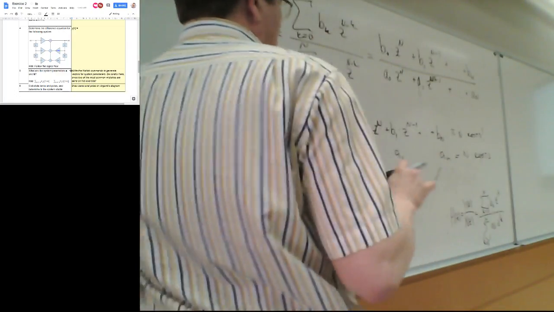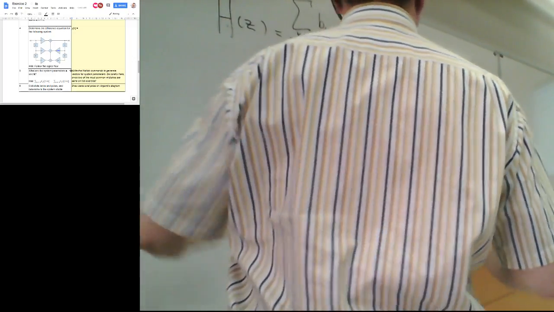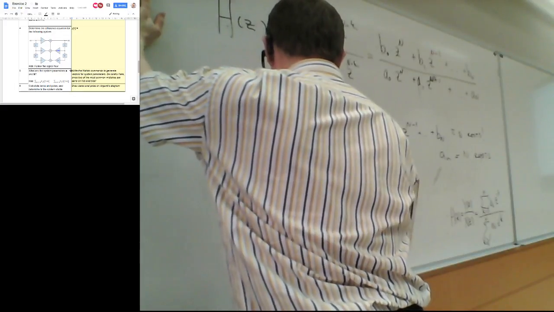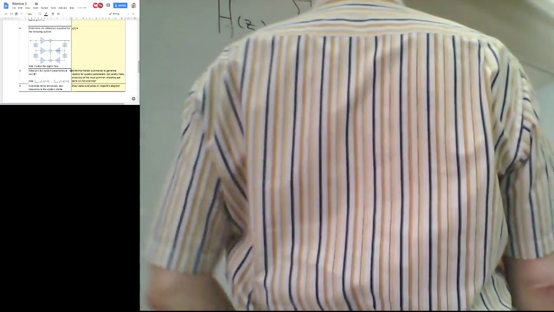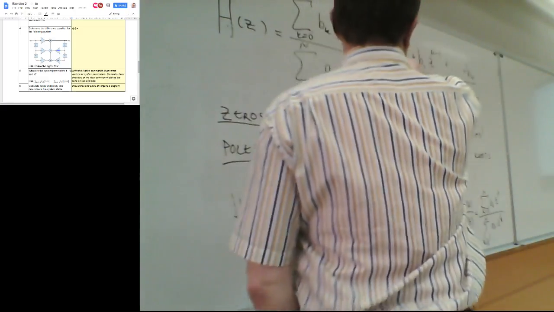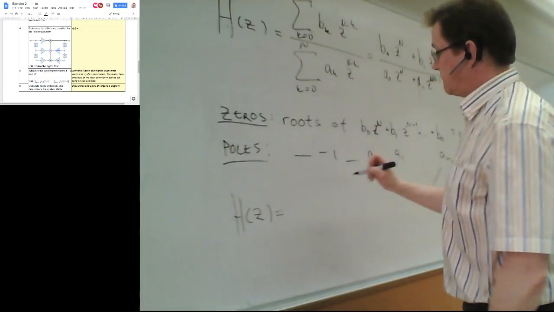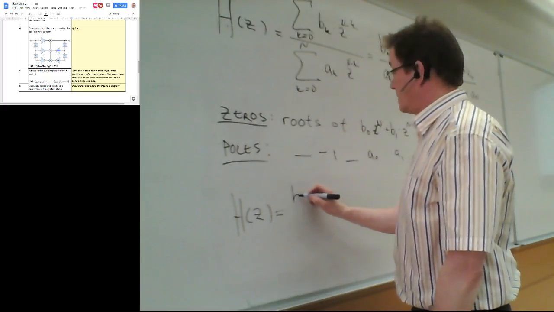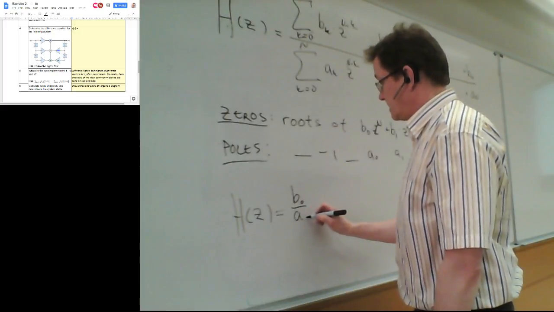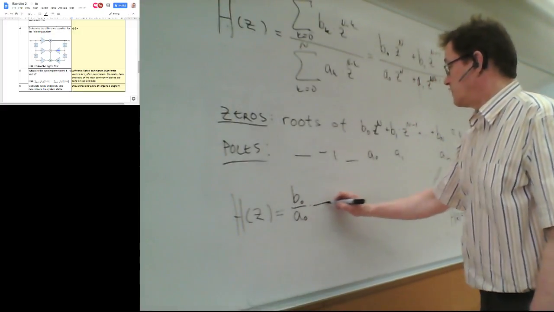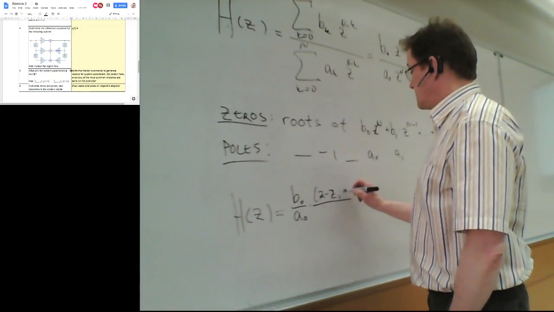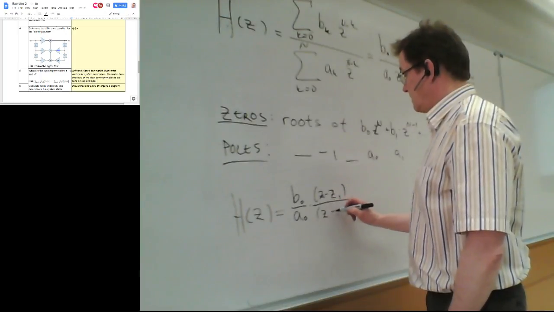But anyway, we have n roots, which means that we can also define H of z using the roots instead of this kind of sum. We have the gain factor b0 divided by a0, and then z minus z1 divided by z minus p1.